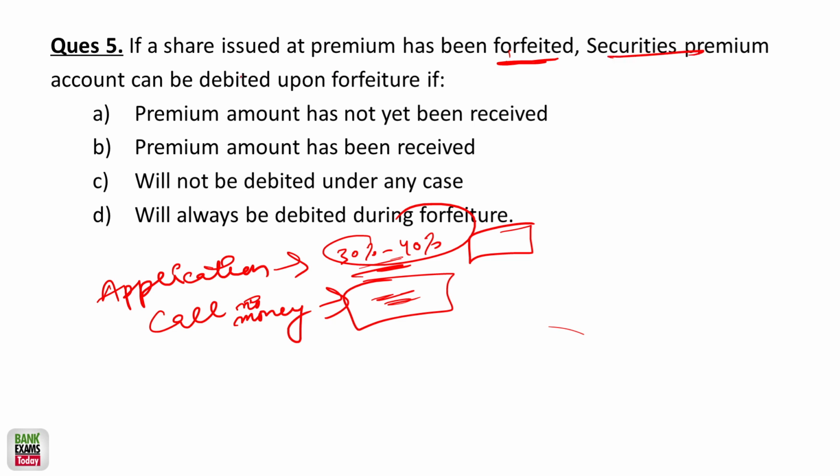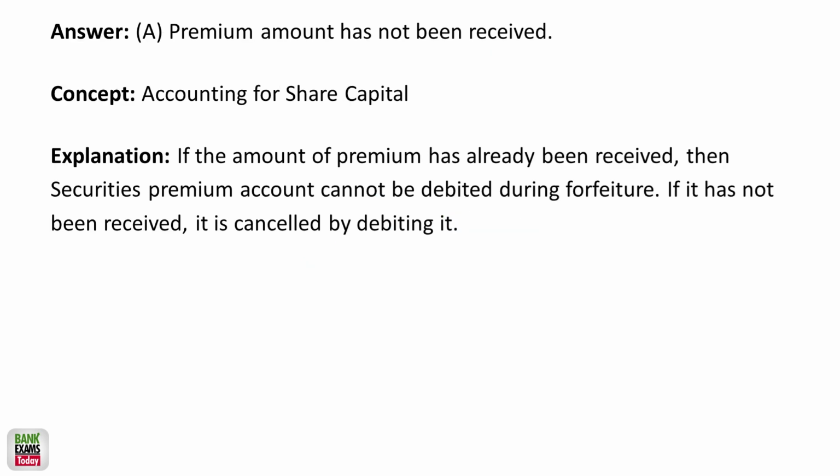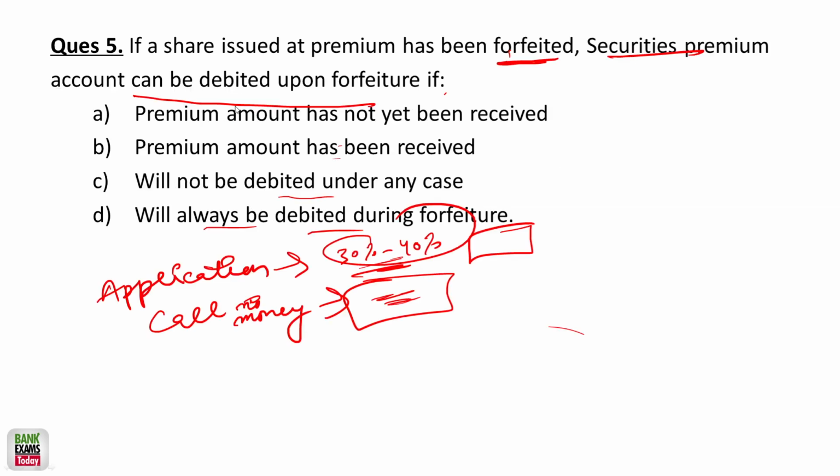So the securities premium account can be debited upon forfeiture only if the premium has not been received. If the premium amount has been received, it will always be debited during the forfeiture. If the premium has not been received, then the securities premium account cannot be debited.